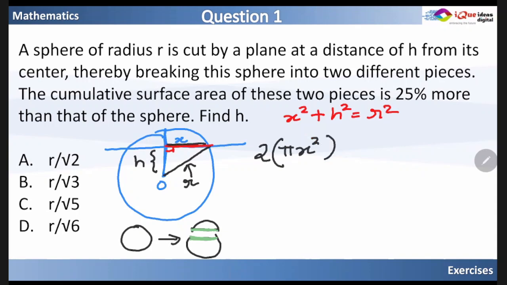This x is nothing but a radius of that open circle, and that is 25% of the original sphere. So the original sphere will have the total surface area of 4 pi r square. So 25% of that is equal to the extra area. Got this equation.